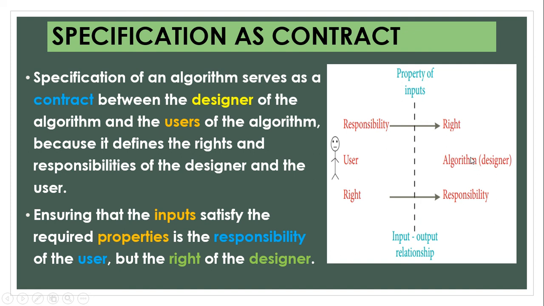The carpenter can ask us, tell me how you want it, only then can I do it. So our responsibility is to give the correct properties of the particular object here. So giving the properties of the input is the responsibility of the user and the right of the designer here.